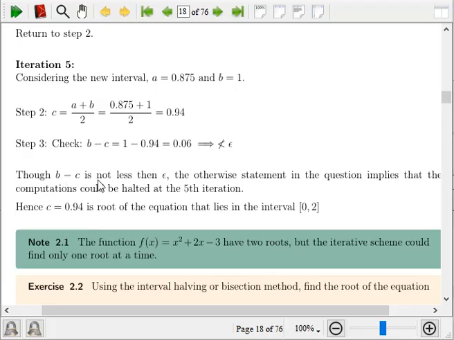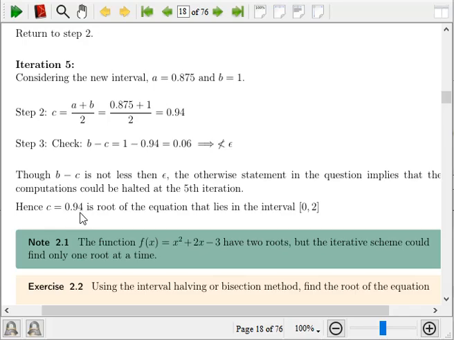Though B minus C is not less than epsilon, the otherwise statement in the question implies that the computation could be halted at the 5th iteration. So we will hold the iterations here, and we will pick the last C value as the root of the equation. So hence we can say that the root of the equation that lies within this interval is 0.94.